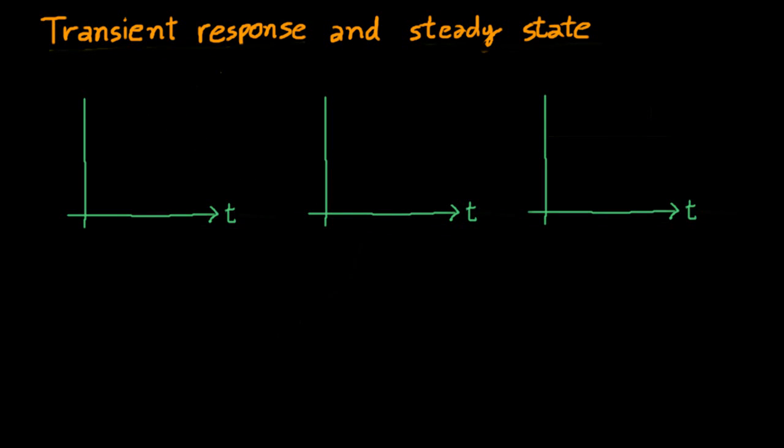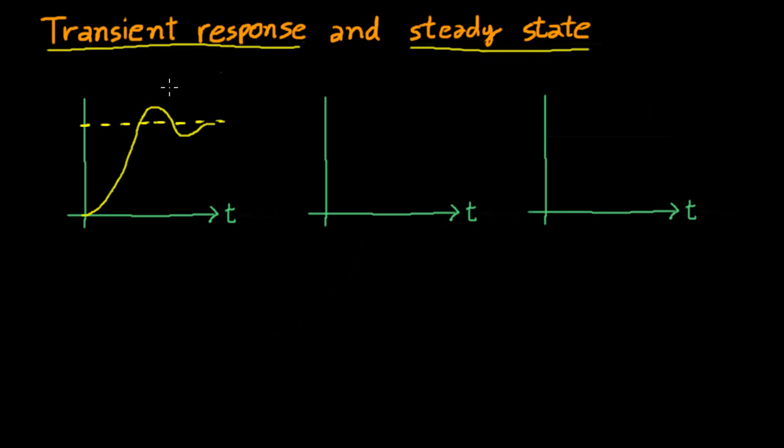The time response of a system to any input can be divided into two contributions: the transient response and the steady state. So, for example, if we have the output of a system, the response of a system to certain input, for example, like this function y of t, this signal, is the result of adding up two different signals.